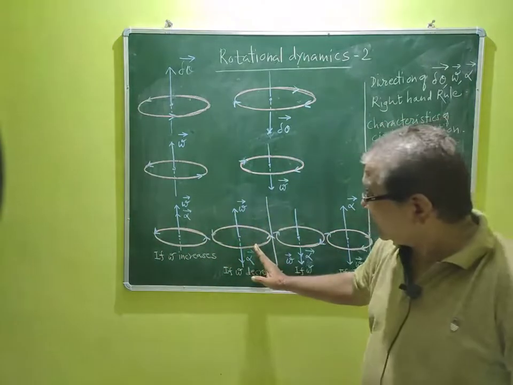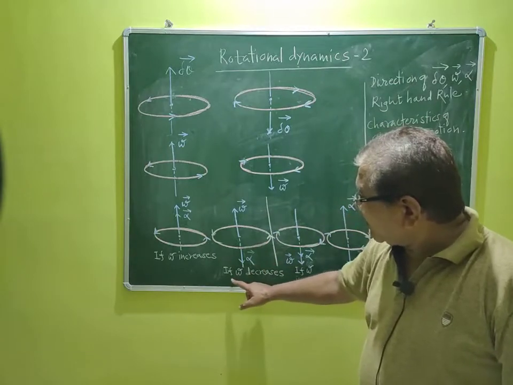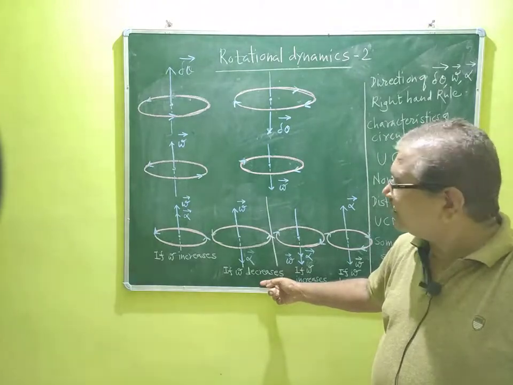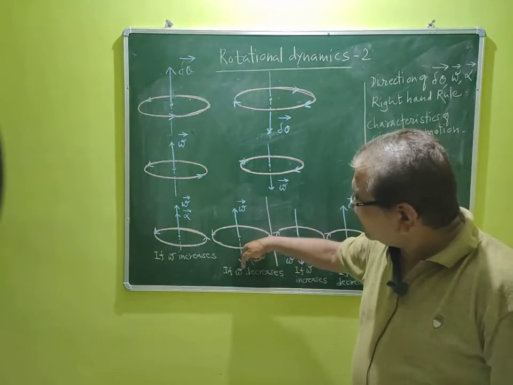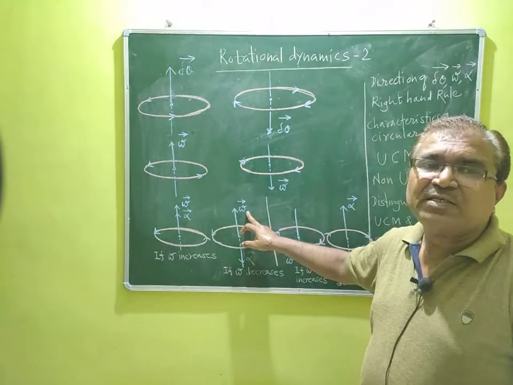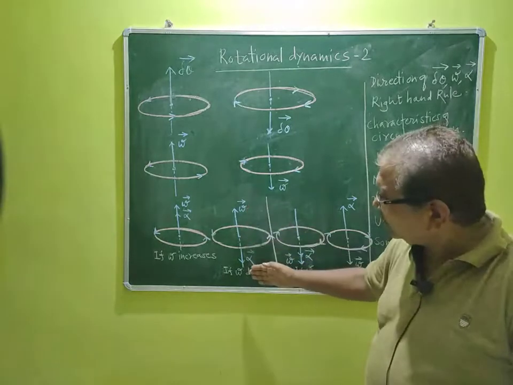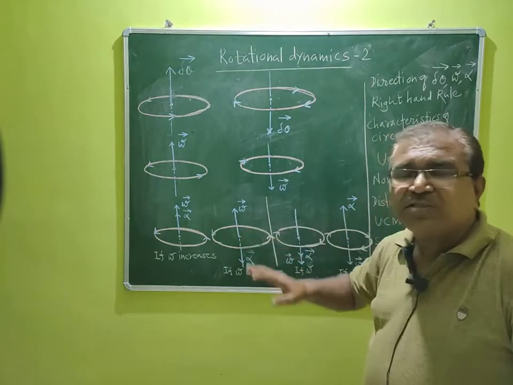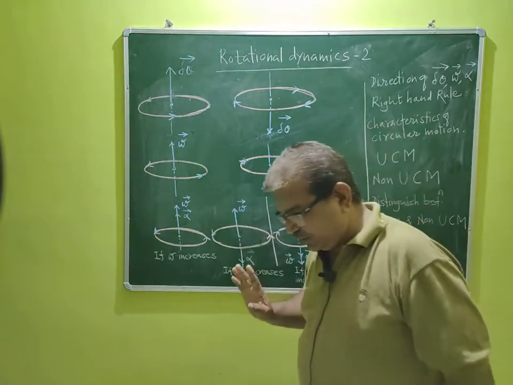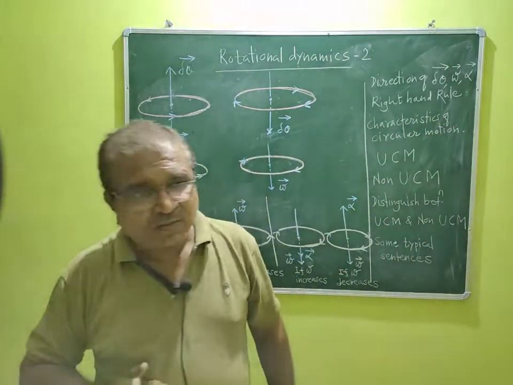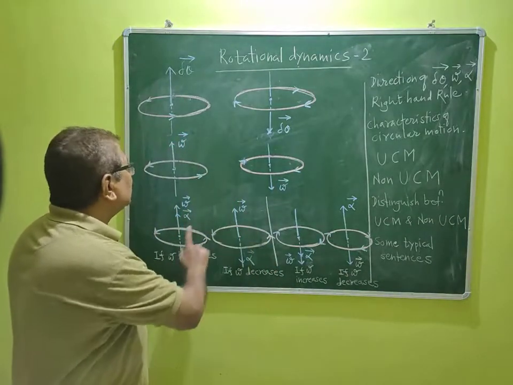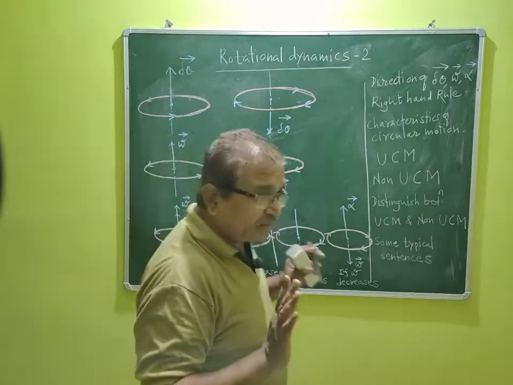Okay, see here. If angular velocity decreases, at that time the direction of the angular acceleration and the direction of angular velocity are opposite. Angular acceleration points vertically downward, perpendicular to the plane. So in both cases, the direction of the angular velocity doesn't change.